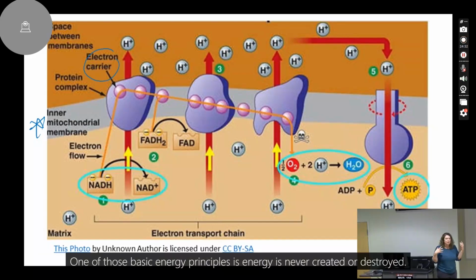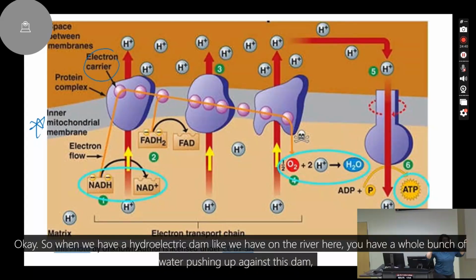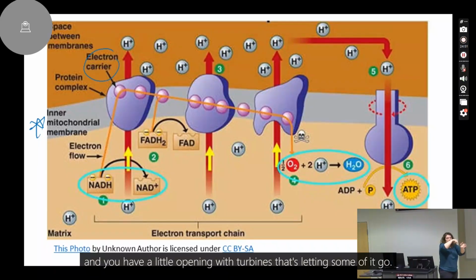One of those basic energy principles is energy is neither created nor destroyed. It just changes shape. Sometimes it's lost as heat. Okay? So when we have a hydroelectric dam, like we have on the river here, you have a whole bunch of water pushing up against this dam, and you have a little opening with turbines that's letting some of it go.